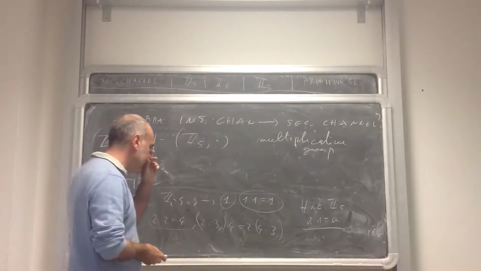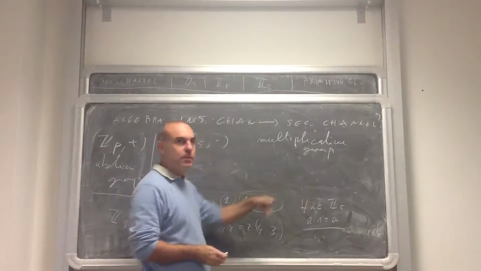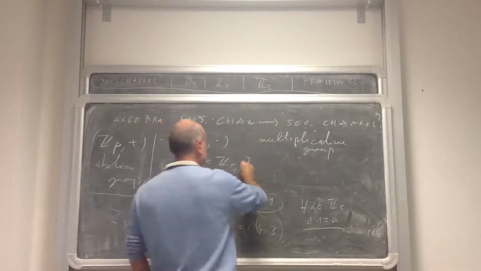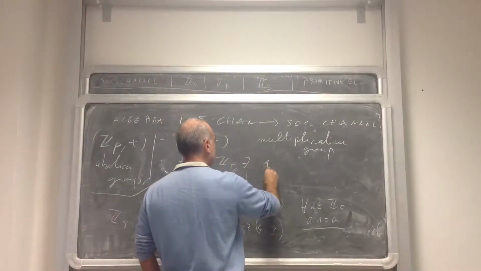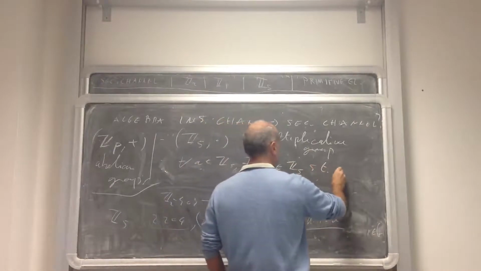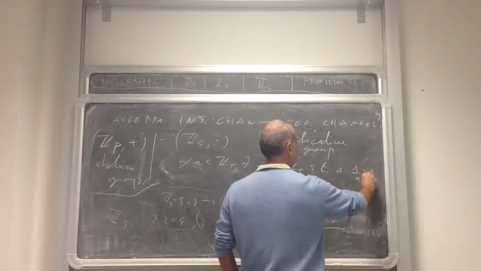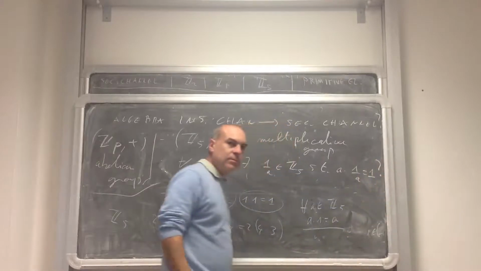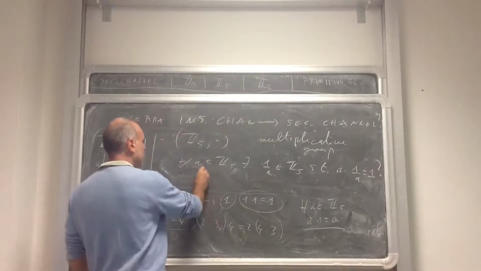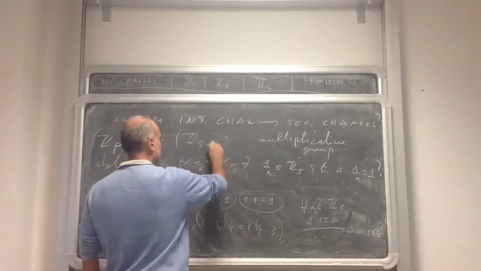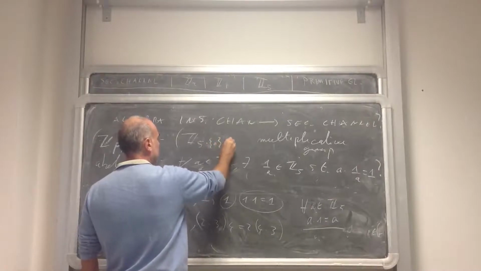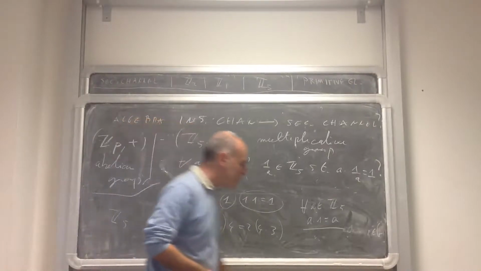Well, for any group, what you need is the inverse. So I'm wondering, taking A in Z5, is there a number 1 over A in Z5 such that A times 1 over A is 1? Can we invert any element in Z5, except 0, of course? So Z5 minus 0. Can we do that?